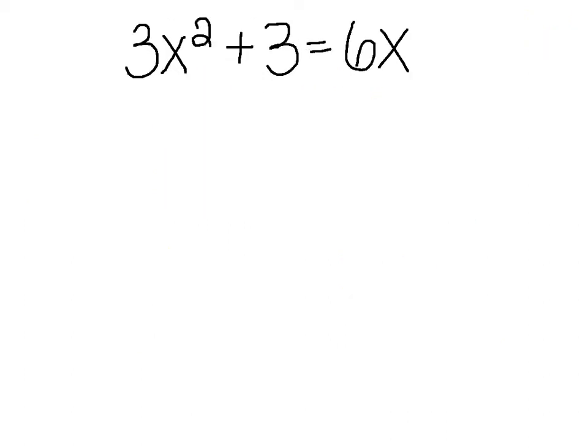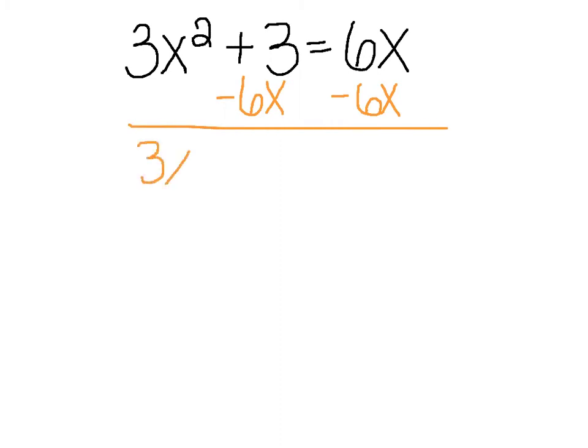All right, if we look at this equation, 3x squared plus 3 equals 6x. I'm first going to subtract 6x from both sides, and I'm going to have 3x squared minus 6x plus 3 equals 0. It's in standard form, so I don't have to worry about that. But now I'm going to factor.